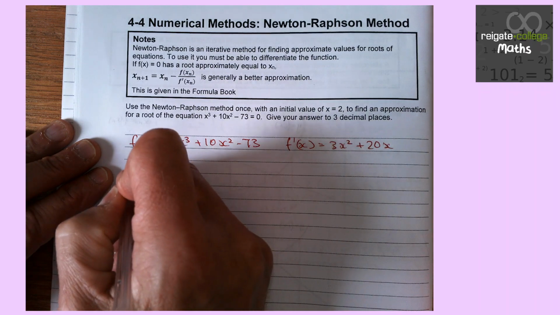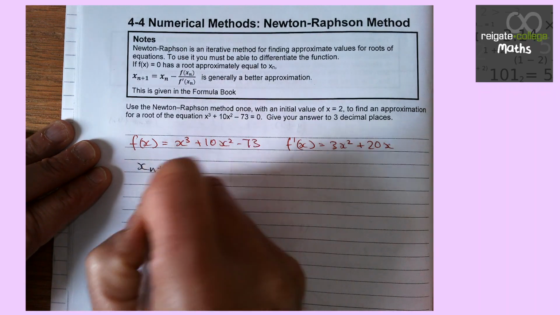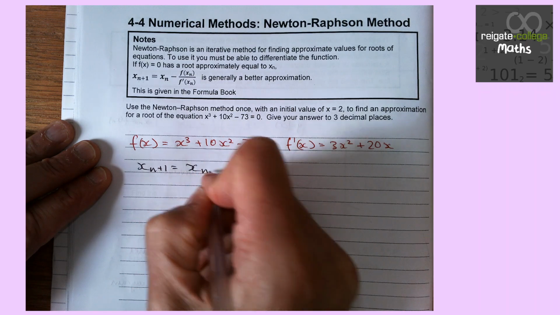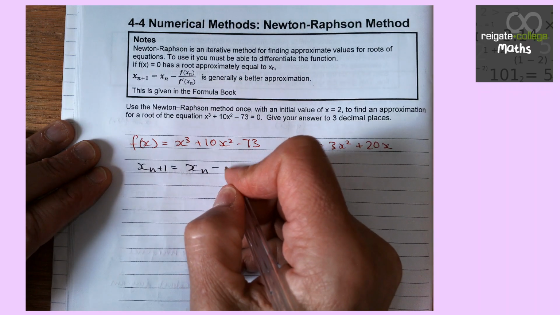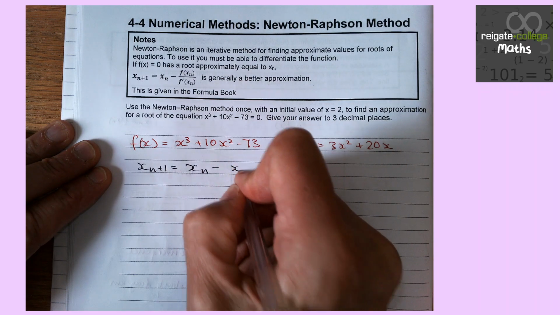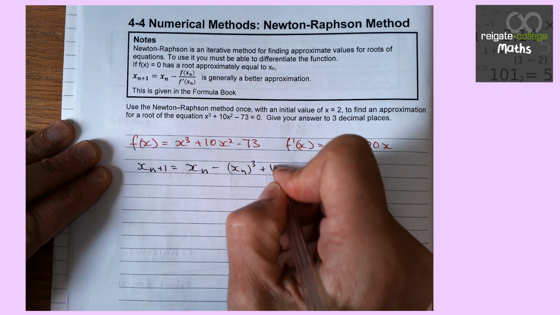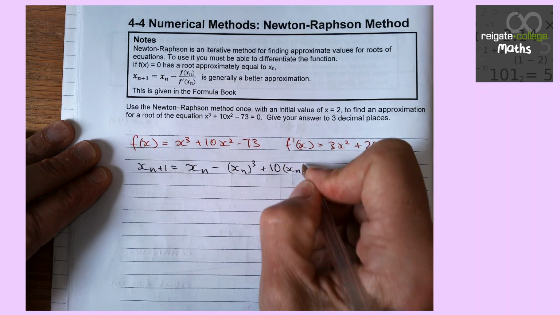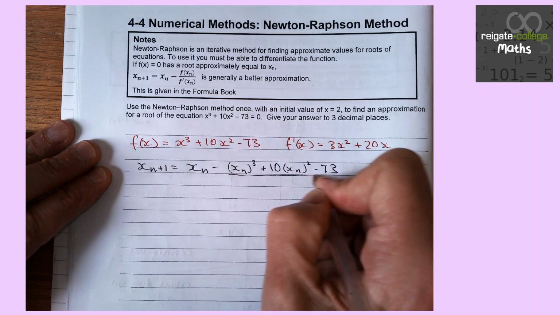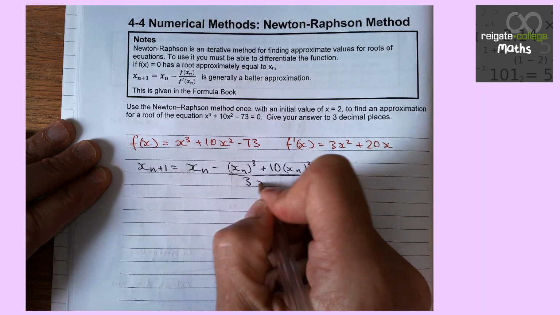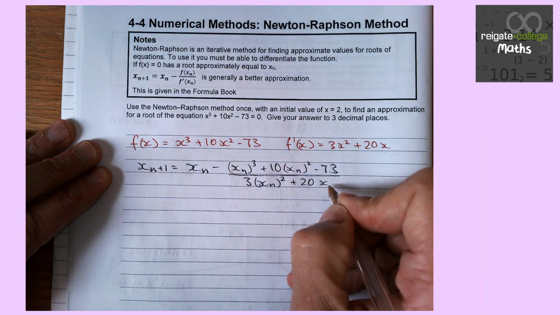So x n plus 1 is going to be equal to x n minus, we want f of xn, so that's xn cubed plus 10 xn squared minus 73 over 3xn squared plus 20xn.